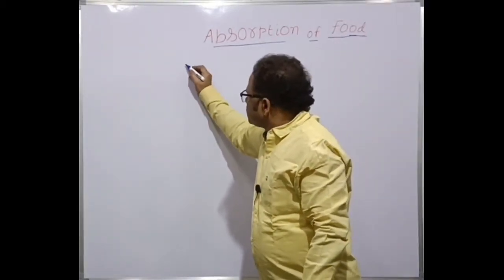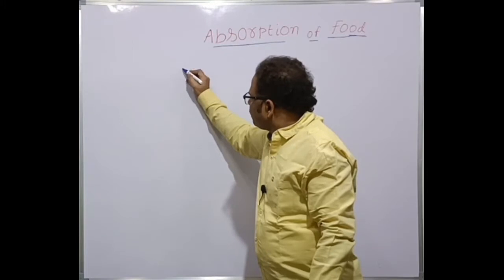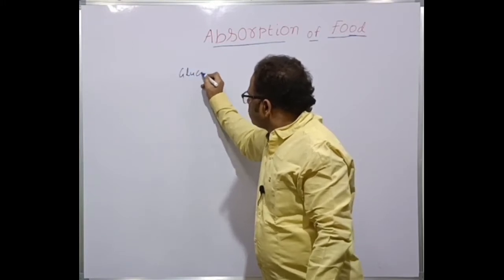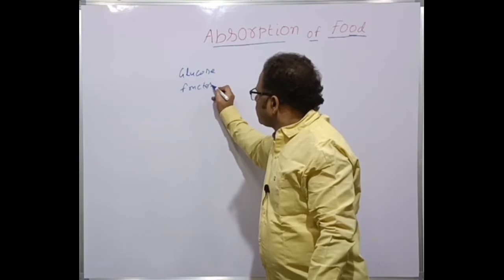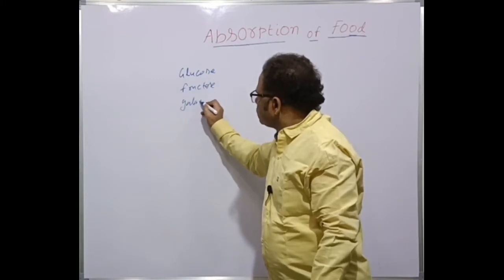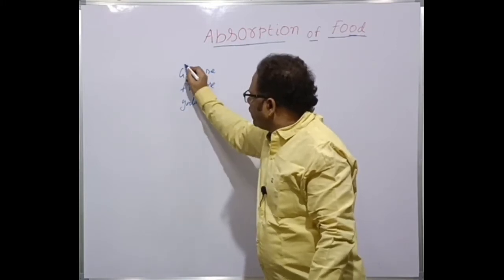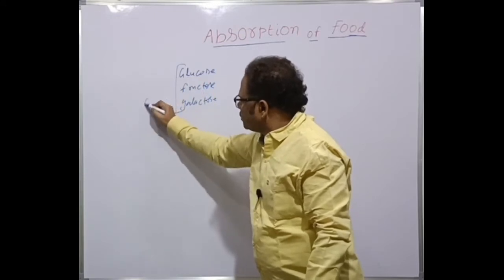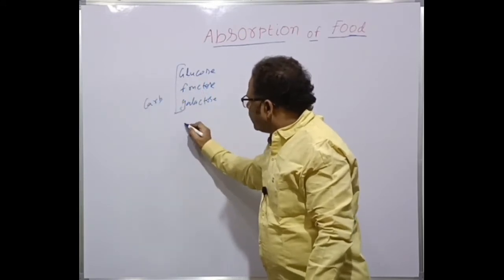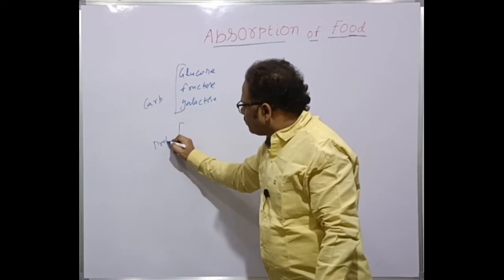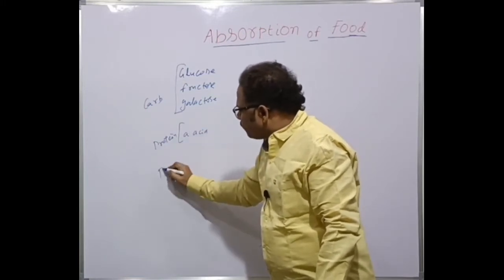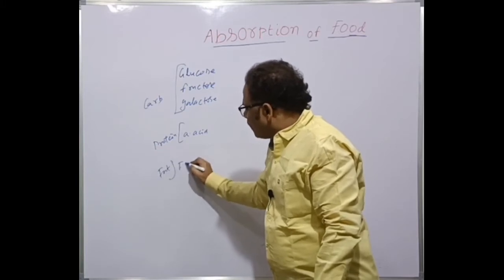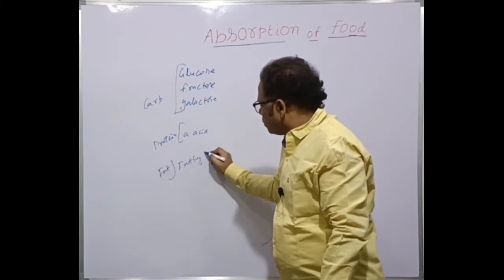So the end products of carbohydrate digestion are glucose, fructose, and galactose. The end products of protein digestion are amino acids. The end products of fat digestion are fatty acids and glycerol.